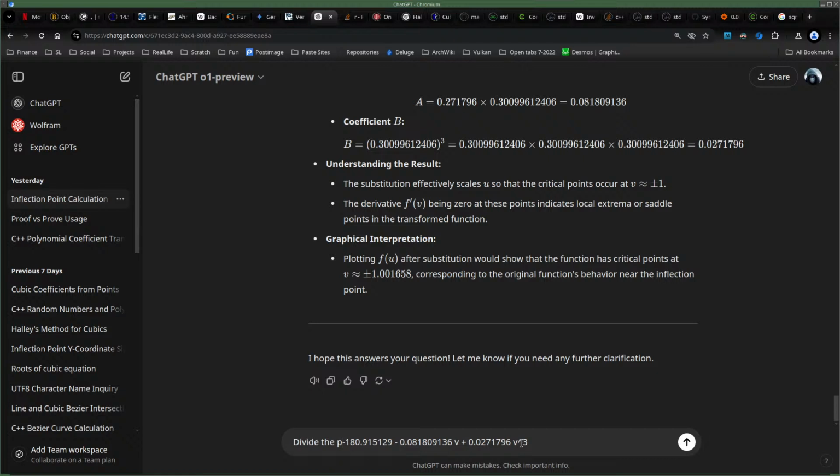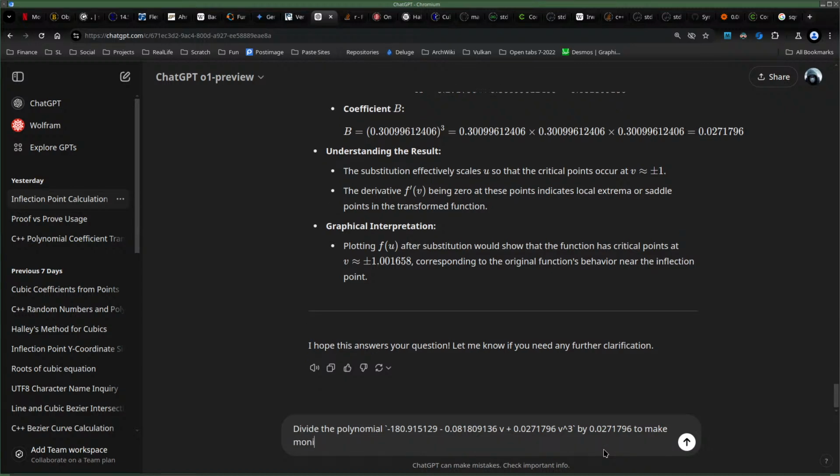Divide the polynomial by that number, just to make it, what was it, monic?